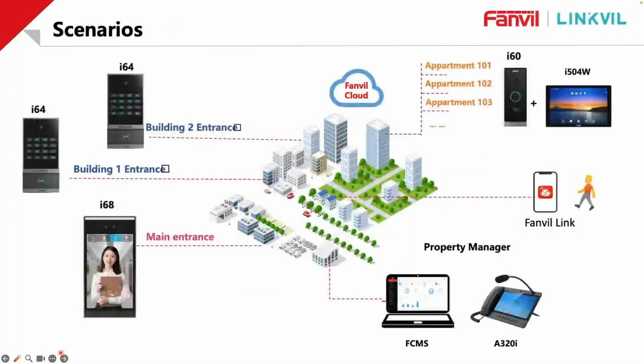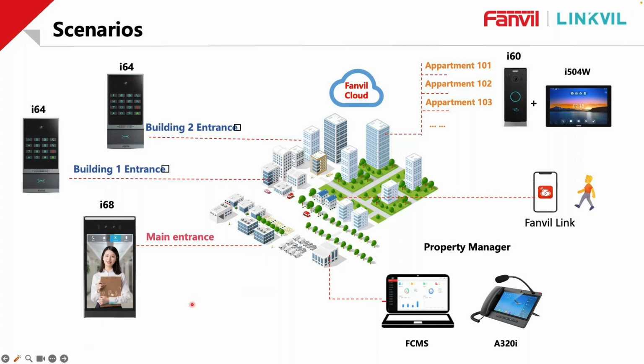Now on the screen, we show you the action flow. We divide the FCMS into three typical application scenarios: communities, villas, and offices. Usually the installer uses the community scenario, so we take that project to show on the screen.